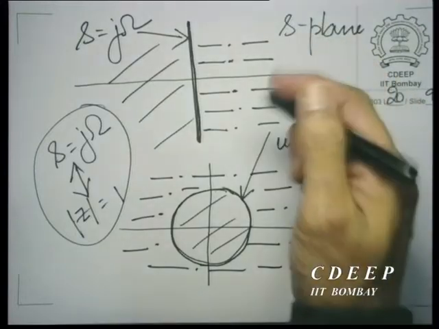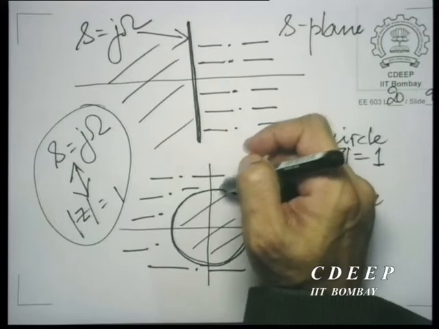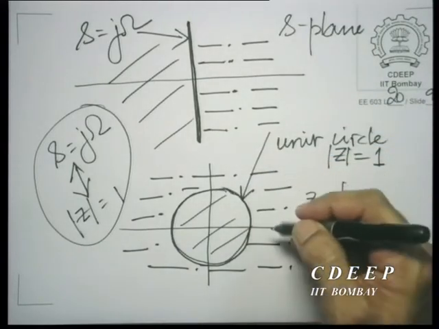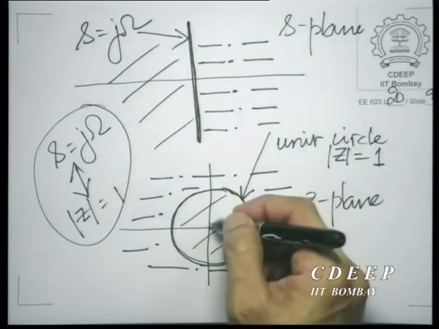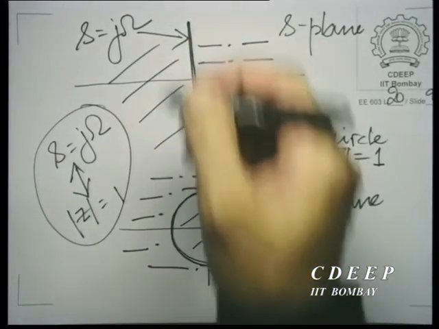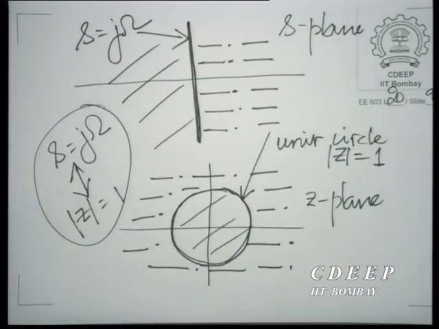Now, if the right half of the S plane maps into the exterior of the unit circle and if the left half of the S plane maps to the interior of the unit circle and of course, the imaginary axis maps to the unit circle, then we will very easily be able to show that it cannot happen that we design a stable analog filter and it becomes an unstable discrete time filter. We can show that without too much of difficulty. In fact, let us prove that.